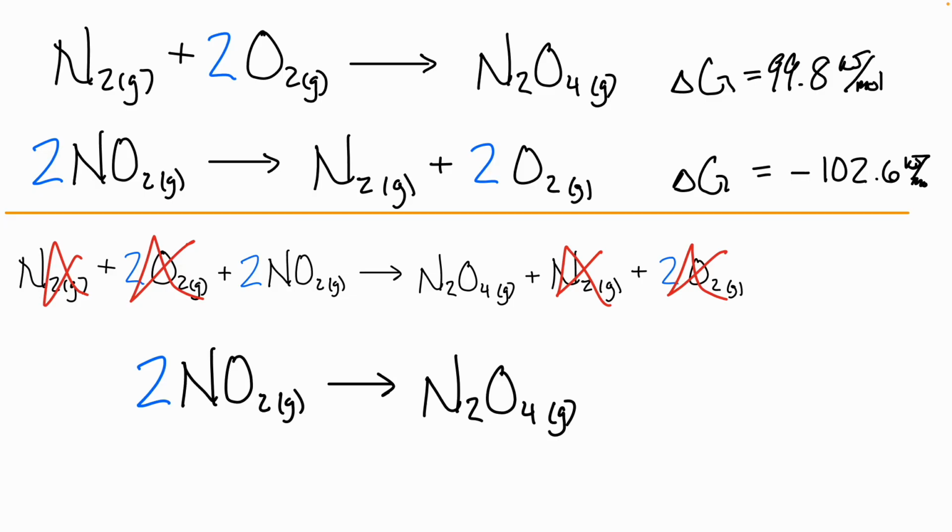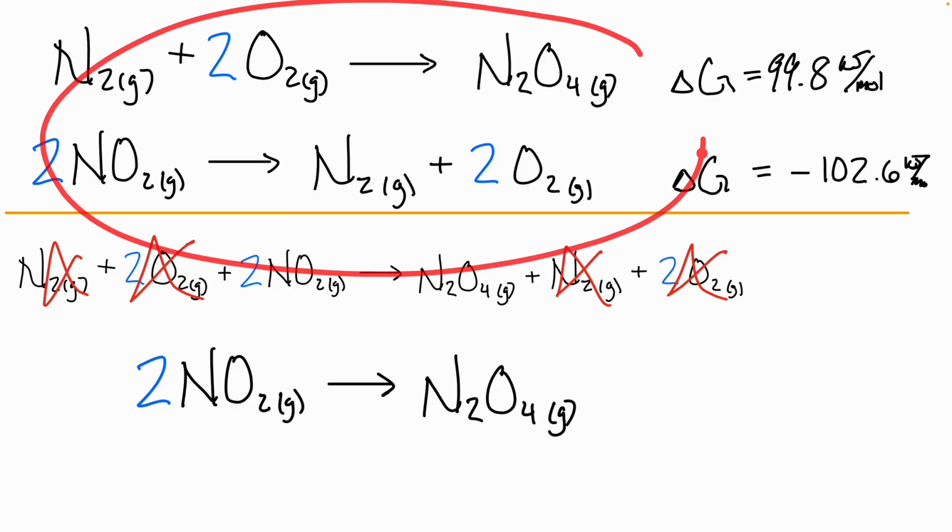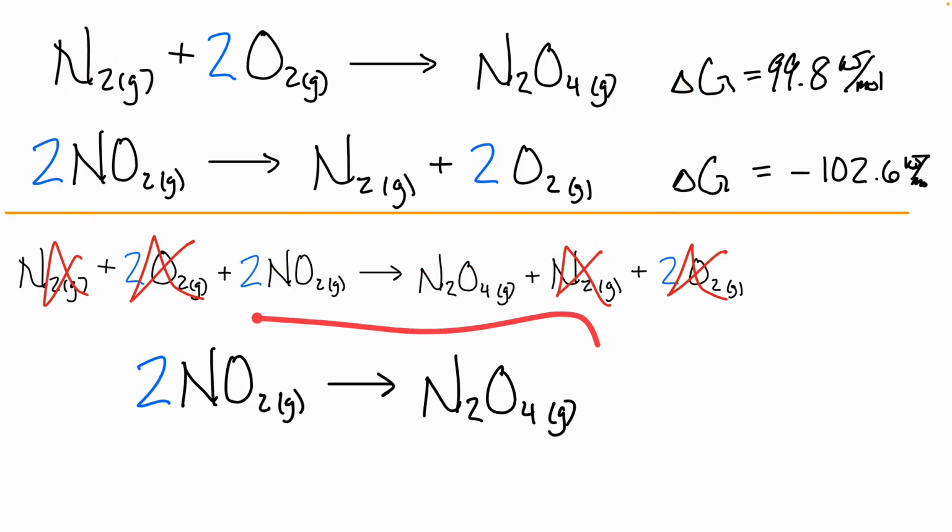And just like we were able to sum up these 2 chemical equations to get the chemical equation of our unknown reaction, we get to do the same thing with those thermodynamic variables, in this case my delta G. So I'm going to take those 2 delta G values for those reactions and sum them up.